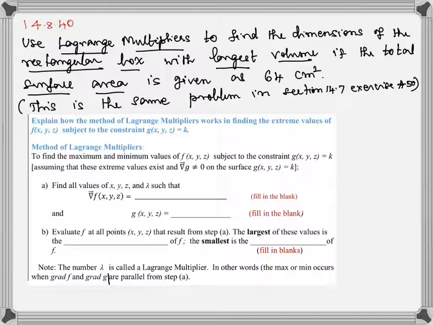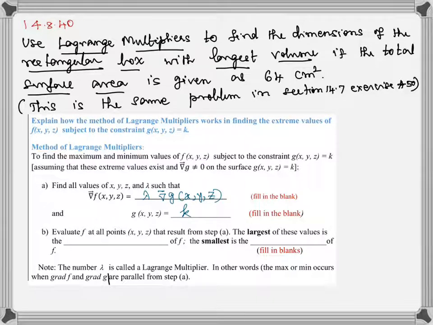To find the maximum and minimum values of f(x,y,z) subject to the constraint g(x,y,z) = k, assuming that these extreme values exist and gradient g is not equal to 0 on the surface g(x,y,z) = k, first find all values of x, y, z and lambda such that del f(x,y,z) = lambda times del g(x,y,z).